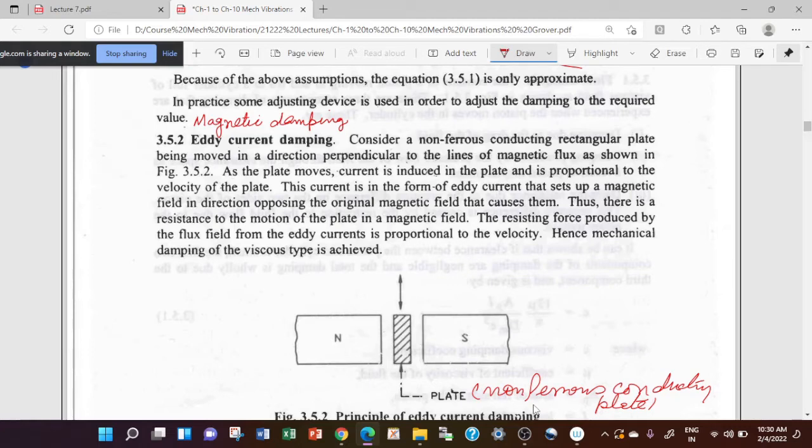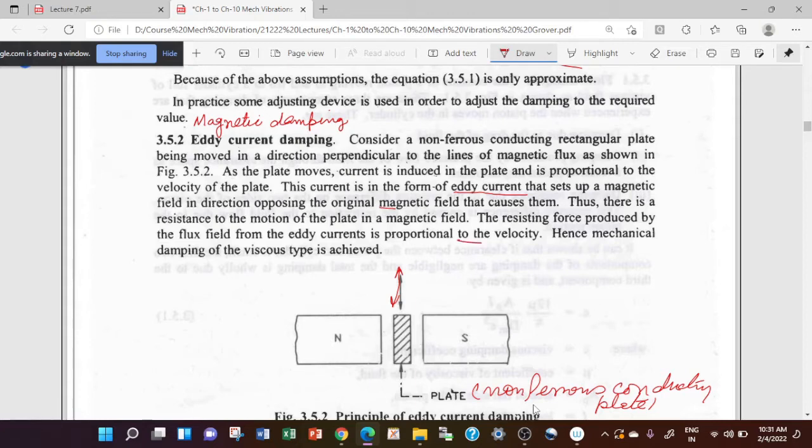So when this plate moves like this, it will form an eddy current in the setup, and this eddy current will generate some magnetic field which will oppose the movement of this plate, and this magnetic field generated here is proportional to the velocity of this plate.